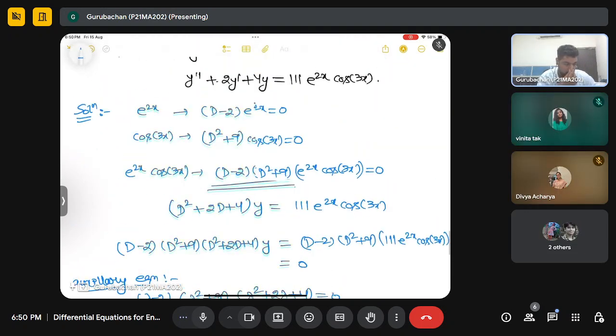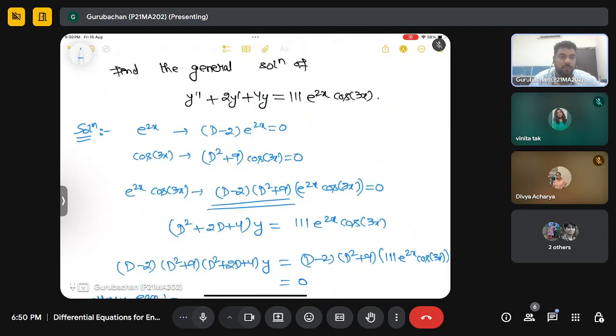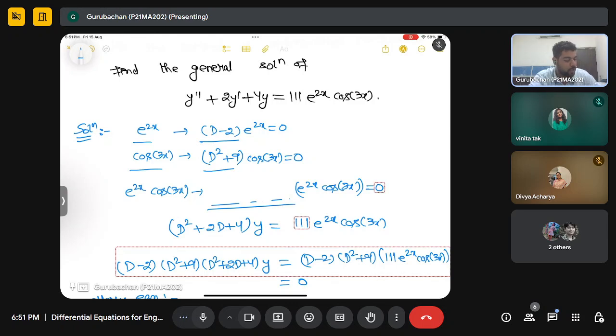Wait a second. I think here we have made some kind of error. If you observe, for this we need D minus 2, and for this we need D square plus 9. These are the roots 2 plus minus 3 iota.